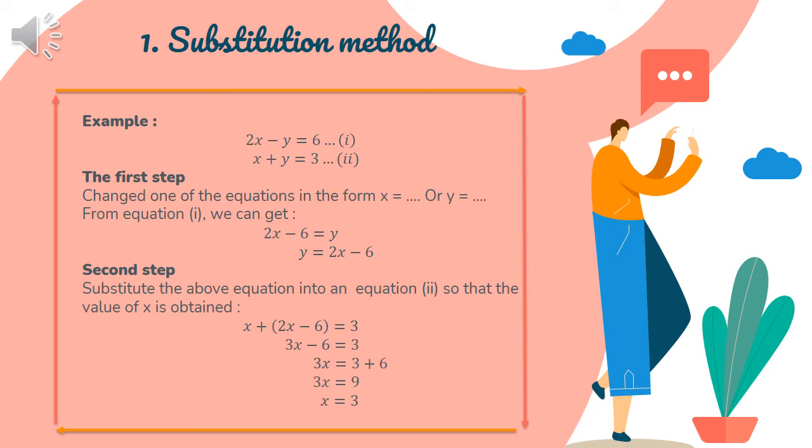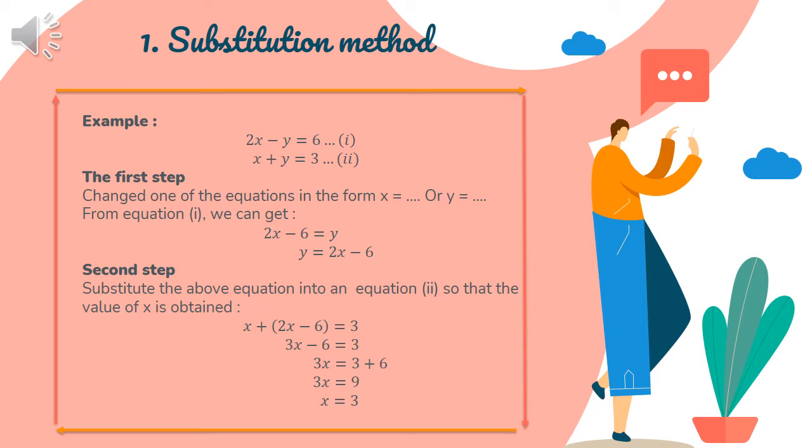Example, 2x minus y equals 6. The first equation. X plus y equals 3. The second equation. The first step, change one of the equations in the form x equals or y equals. From the first equation we can get 2x minus 6 equals y, so y equals 2x minus 6.